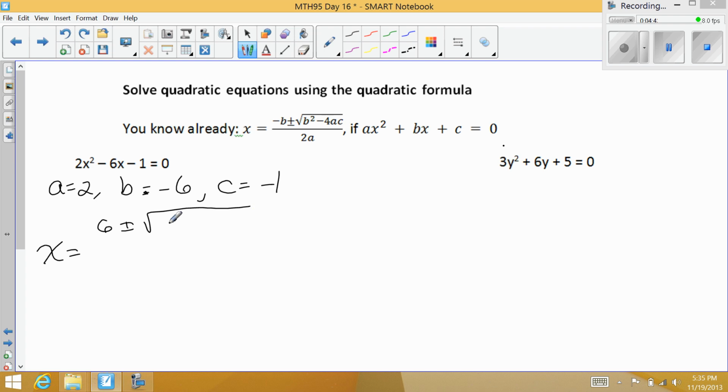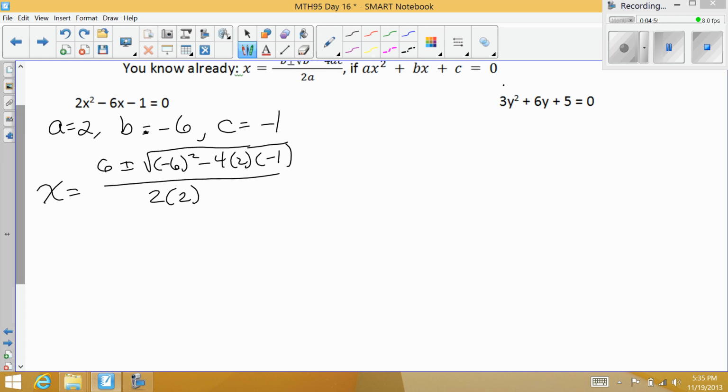Plus or minus the square root. That negative 6 squared will be 36. Subtract 4 times 2 times negative 1, that is 4 times a times c, all over 2 times a. So I've got a little bit of arithmetic to do to tidy things up here.